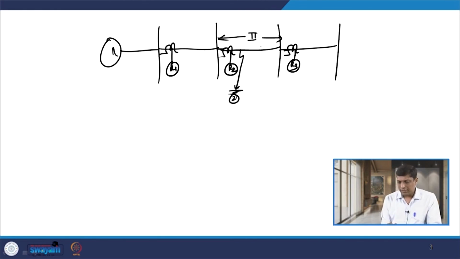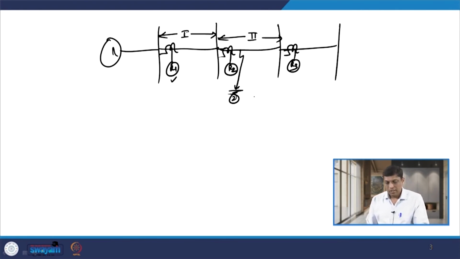Then it may be possible that relay R1, which is located in line section 1, may operate. This is against the selectivity criteria of protection, because the fault is in section 2. Relay R2 has to operate instantaneously as the primary relay and R1 should not operate. But in this case, if a very close in fault occurs in section 2 and relay R1 operates by mistake, then this type of phenomenon is known as the transient overreach phenomenon.